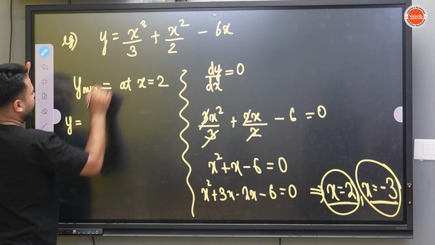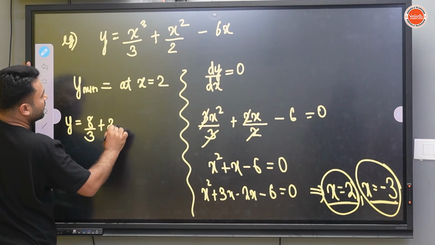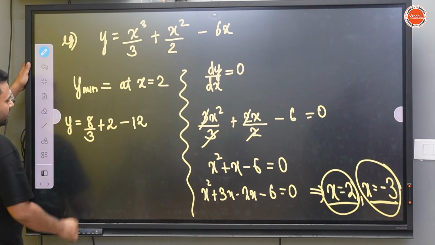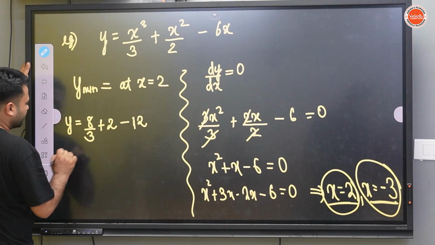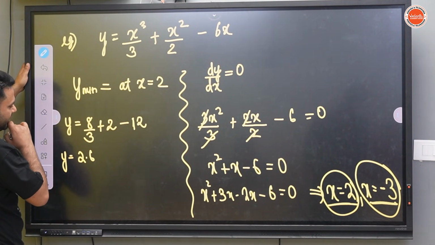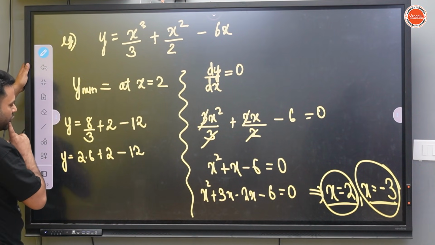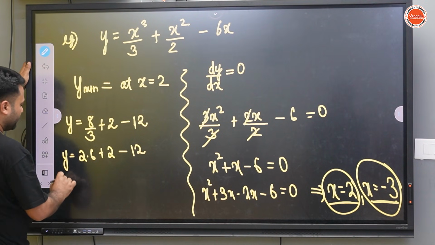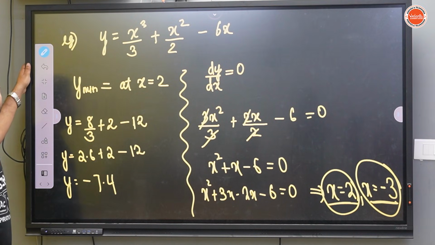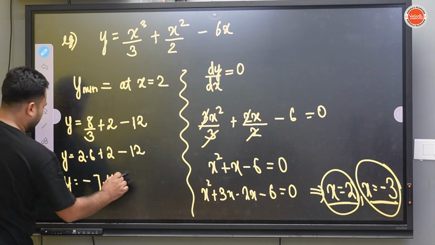The y value will be 2 cube, that is 8 by 3, plus 2 square, 4 by 2, will be 2, minus 12. Just approximately, this will be 2.6 plus 2 minus 12, so the y value is minus 7.4. So this is the minimum value, the y minimum.